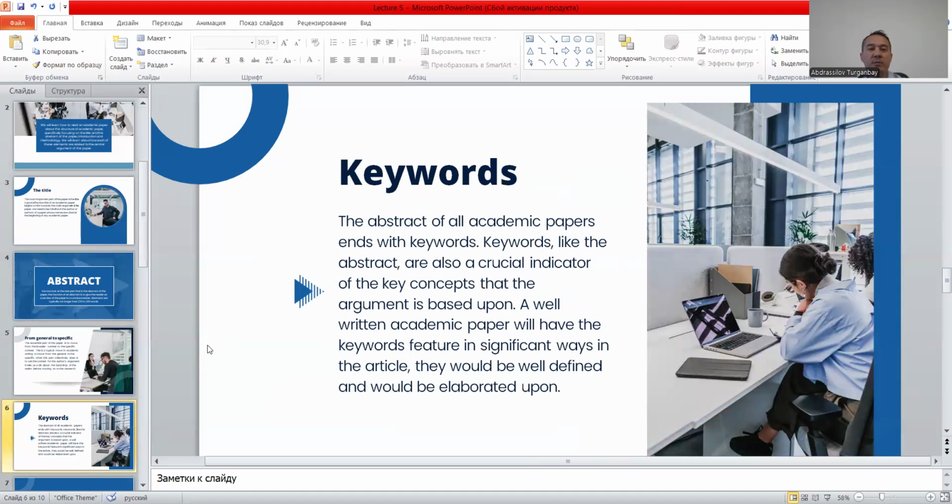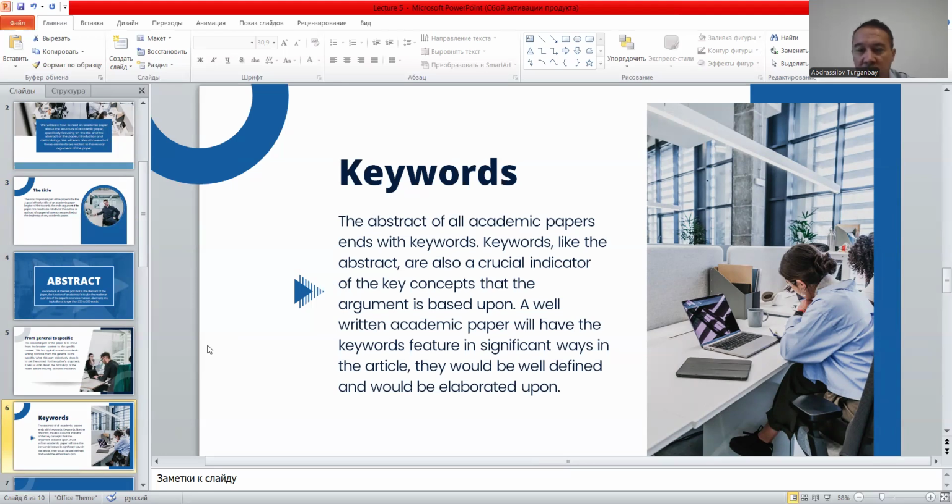Another key point of academic writing is the keywords, because the abstract of academic papers ends with keywords. Keywords are an important indicator of the key concepts that the argument is based upon. A well-written academic paper will have the keywords featured in significant ways in the article. They would be well defined and elaborated upon.